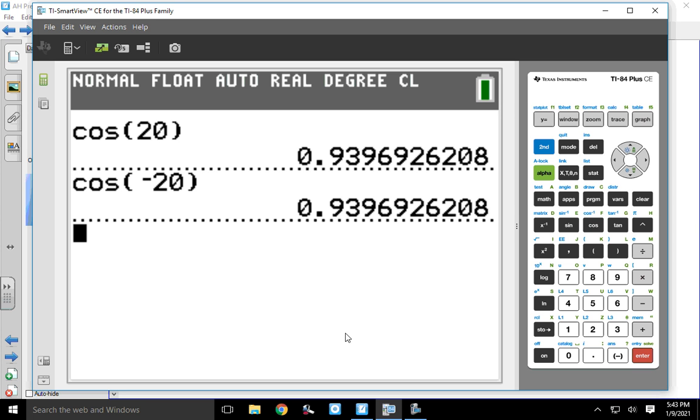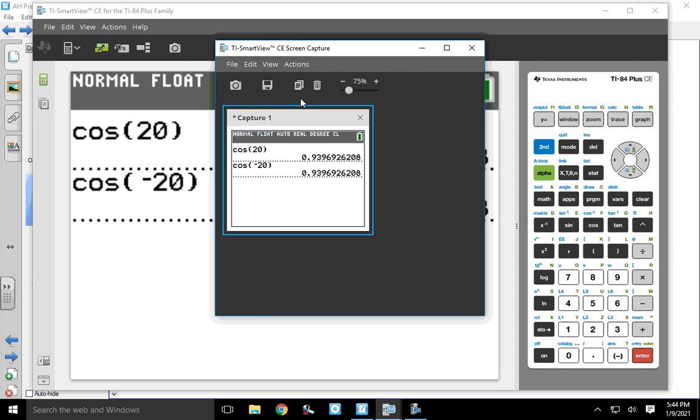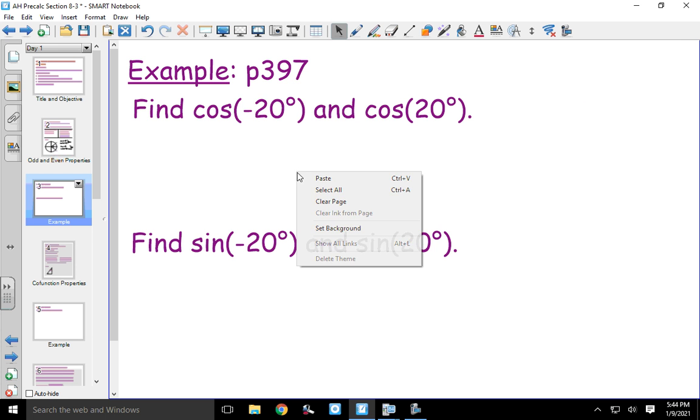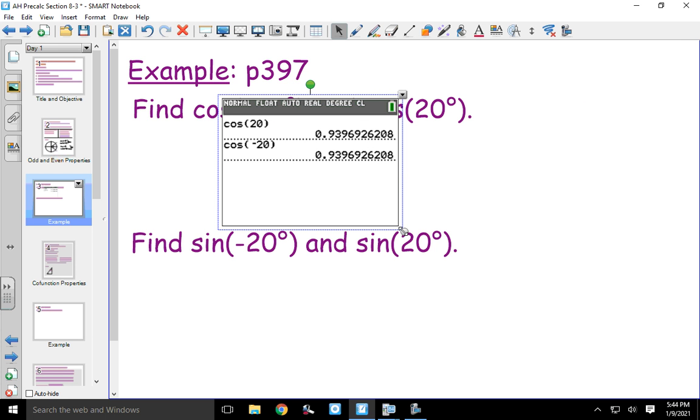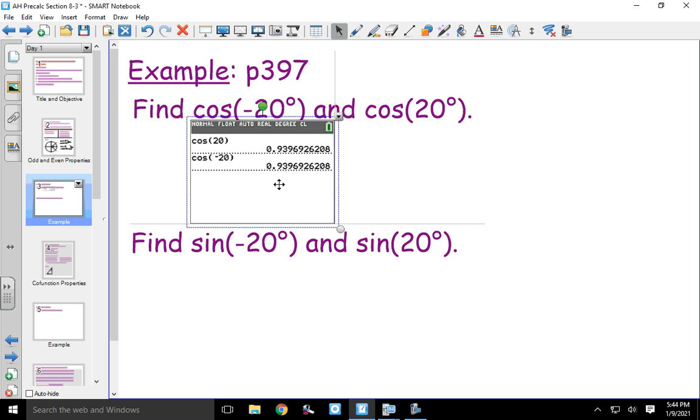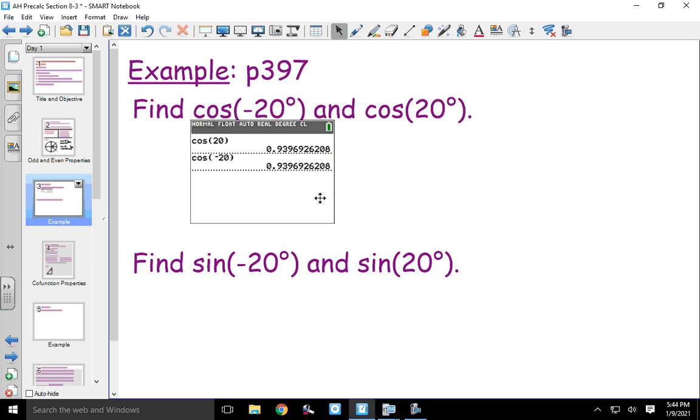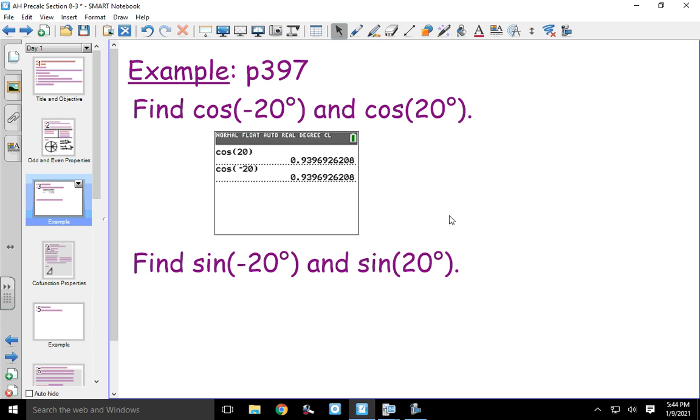And again, since we're claiming this is an even function, I'd expect to see that I get the same result, and that looks to be the case here. Let's grab a picture of that. We'll just put that on that slide. All right. So that, in fact, is an even function.